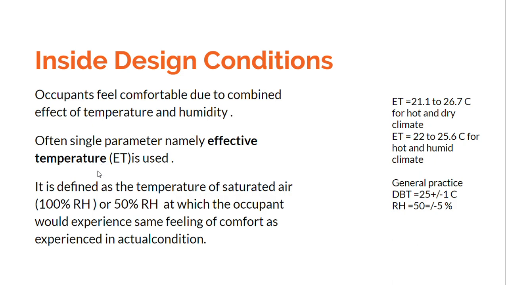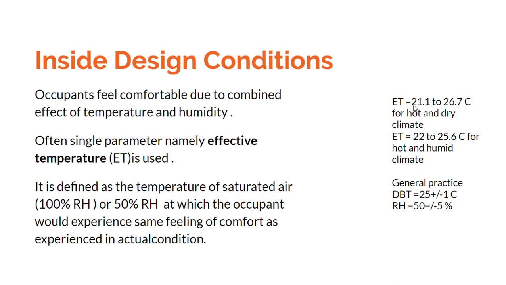Effective temperature is calculated in a test room wherein a standard relative humidity is maintained, either 100% relative humidity or 50% relative humidity, and the comfortness of the individuals is tested. So that would give you a range of effective temperatures at which human beings would feel comfortable. Now, as per ASHRAE, if the climate is hot and dry, the effective temperature would range between 21.1 to 26.7 degrees centigrade.